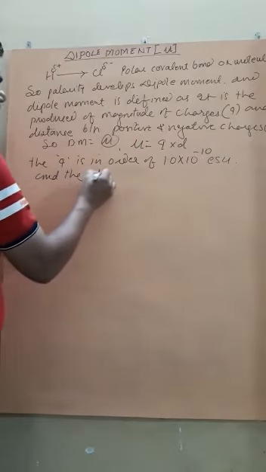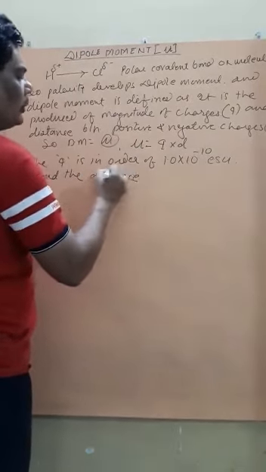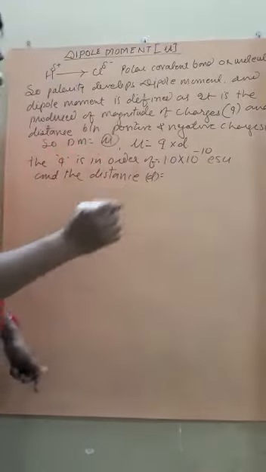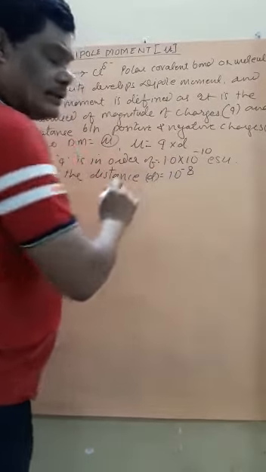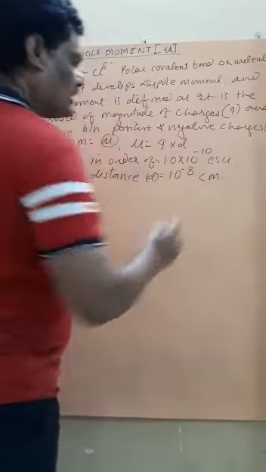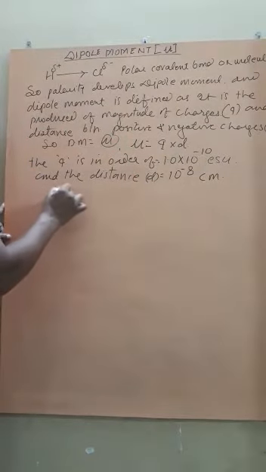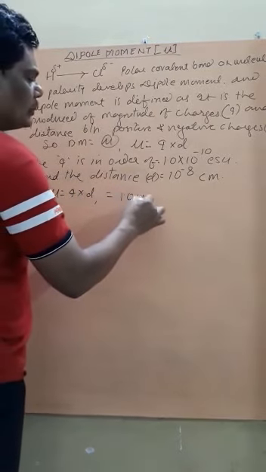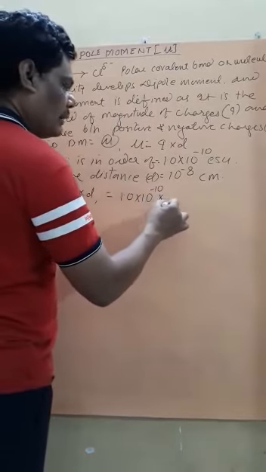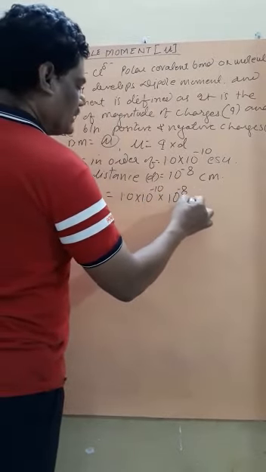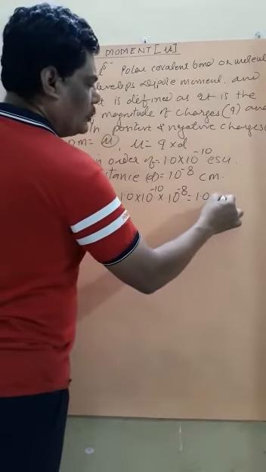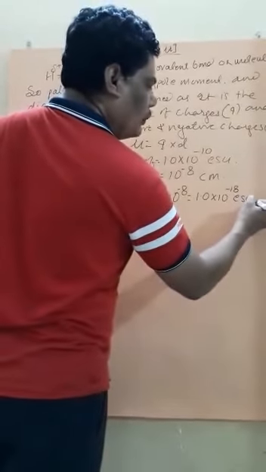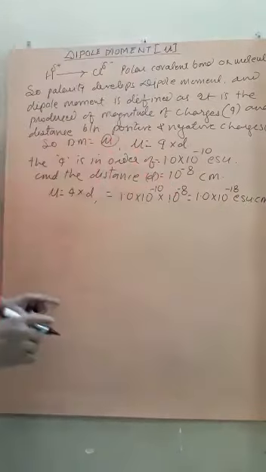The distance between the two charges, called D, is 10 to the power minus 8 centimeter. So mu is equal to Q multiplied by D, which is 1.0 into 10 to the power minus 10 multiplied by 10 to the power minus 8, which becomes 1.0 into 10 to the power minus 18 ESU centimeter.